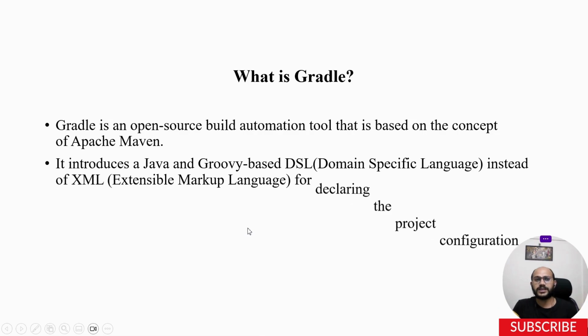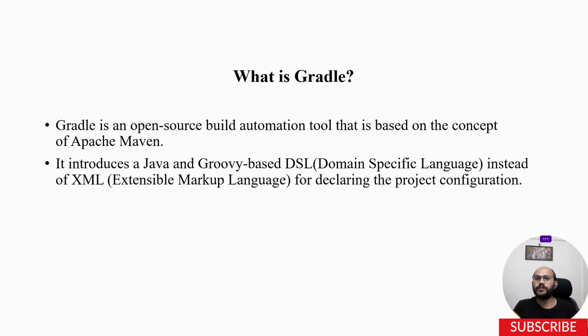Then we learn about what, guys: it introduces a Java and Groovy based DSL. Initially Gradle was also written in the Java language, but later on the Gradle tool expanded to many languages. Nowadays it introduced a Java and Groovy based language, which is named DSL, domain specific language, instead of XML. Do you remember, guys?